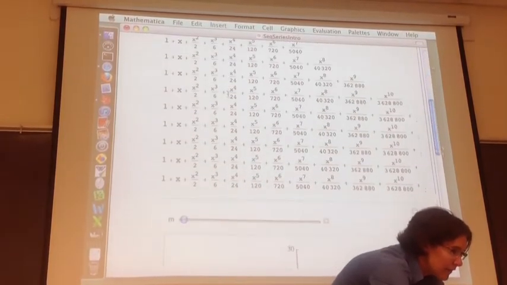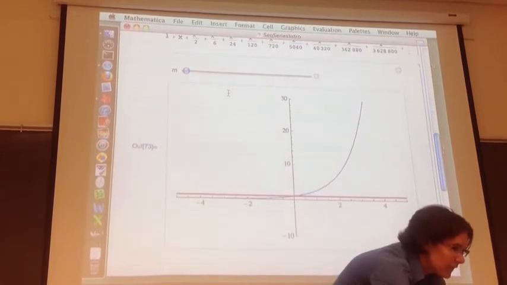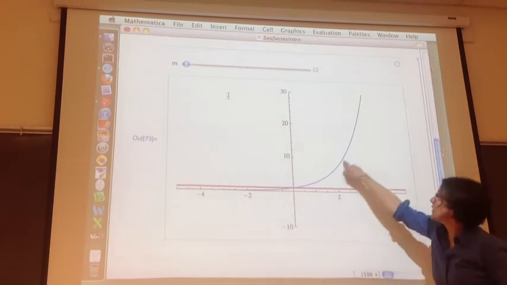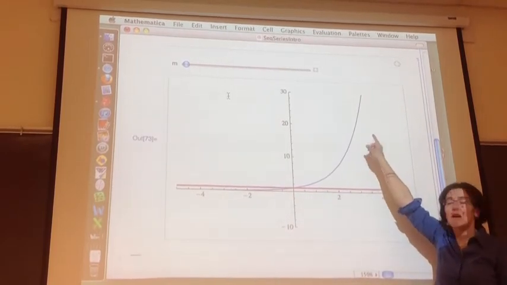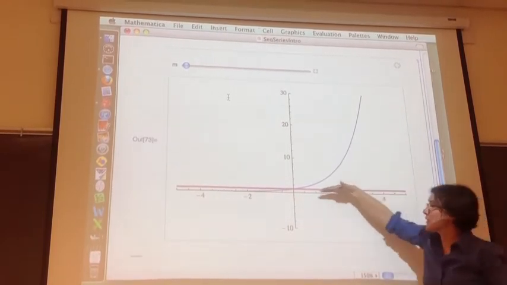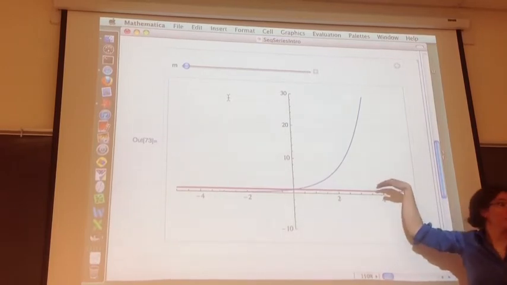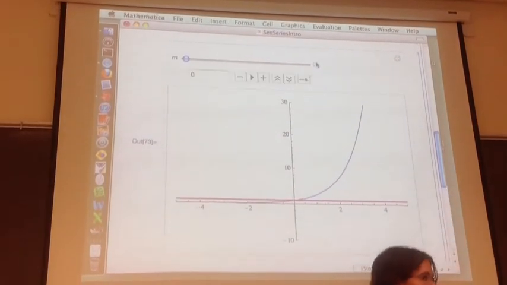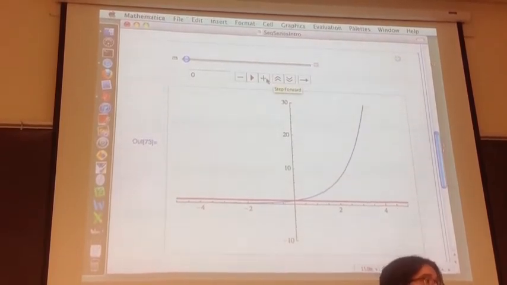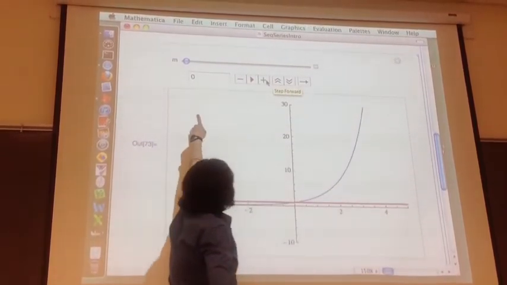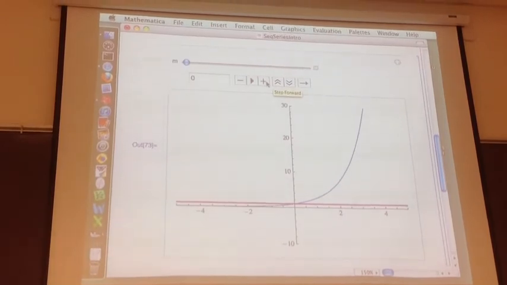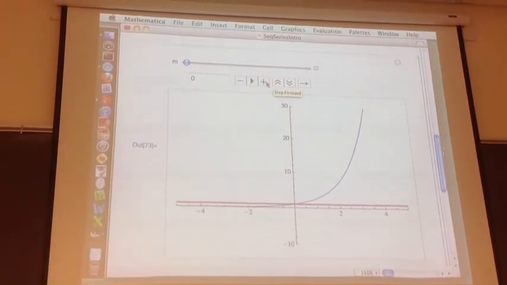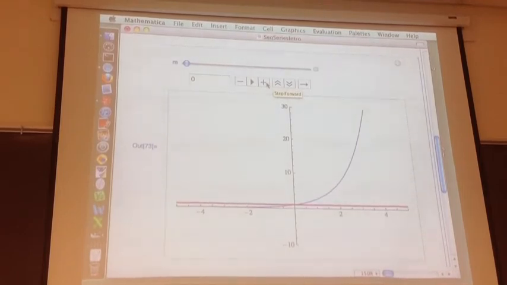Now I scroll down here a little ways, and I have a picture. And the picture that I have here is this blue curve, which is e to the x. And right now, what I've drawn here is y is equal to 1. Now, if I hit the plus sign, so right now, see I've got a 0 up there. That means I'm looking at the degree 0 polynomial. The next polynomial is adding on a degree 1 x.